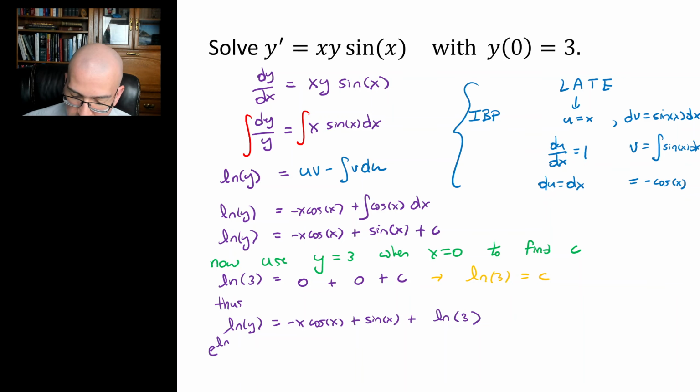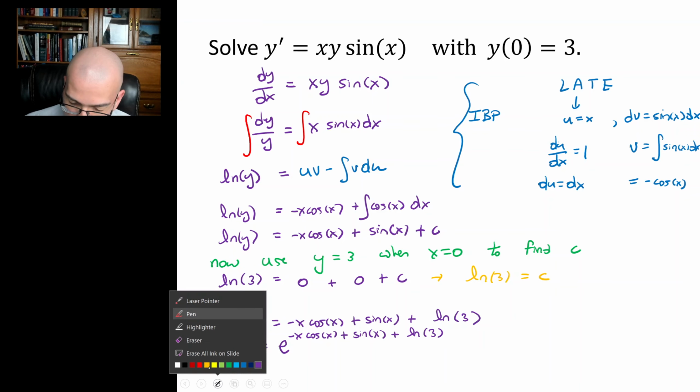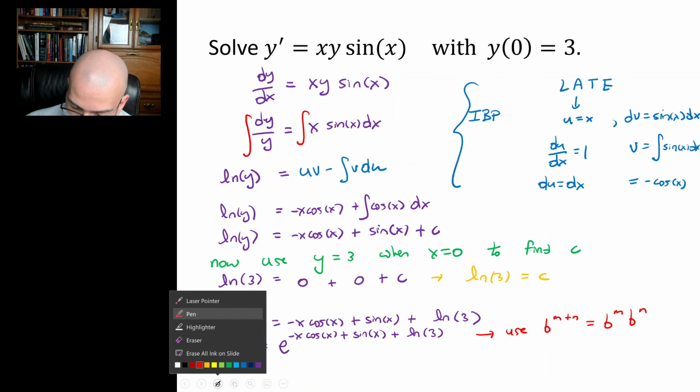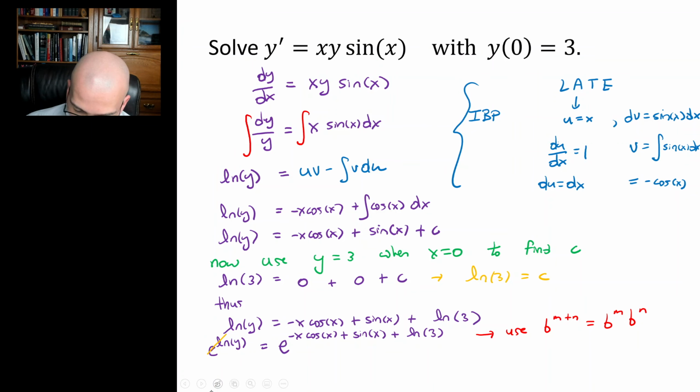So e to ln y is equal to e to the power of the right-hand side, negative x cos of x plus the sine of x plus ln 3. And we're going to use that exponent law, b to the m plus n is b to the m times b to the n. So we get our final answer.